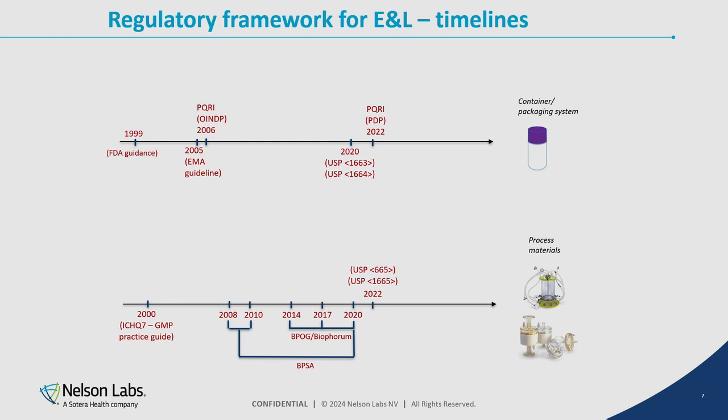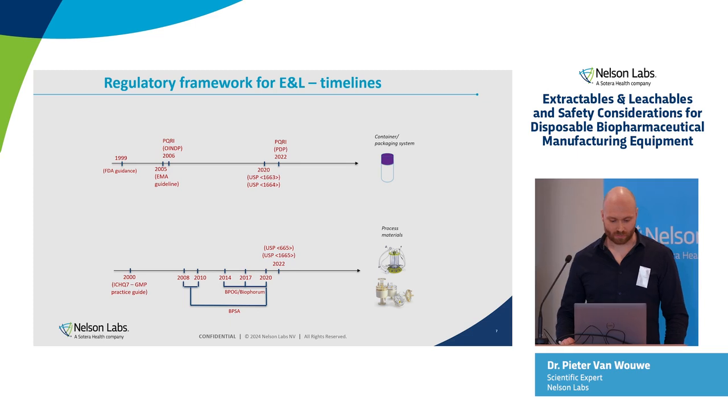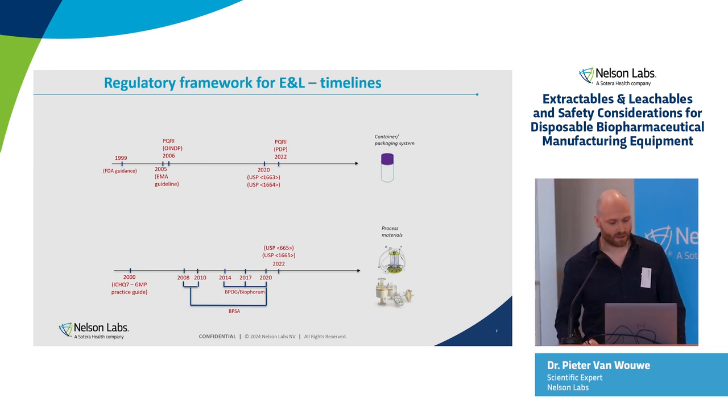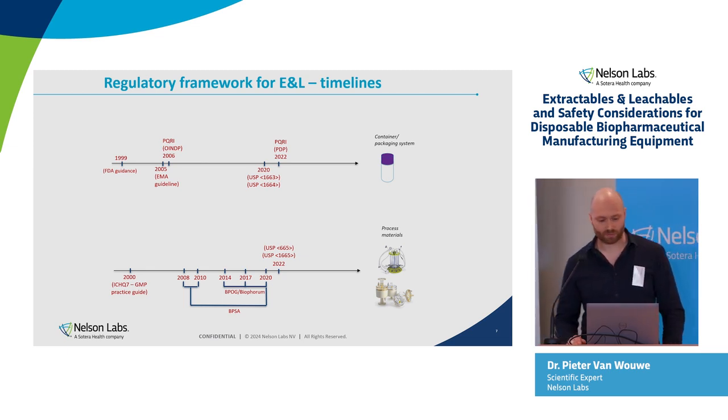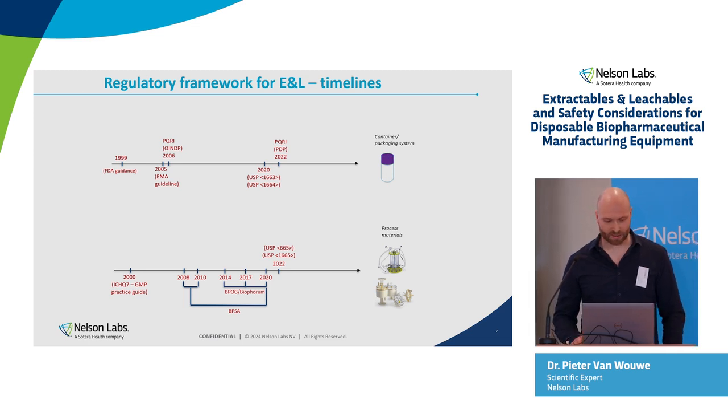Those final versions were published in 2020, while the USP 665 and 1665 chapters on process materials were finally published 2 years later. If you look at the draft dates of those documents, the first draft of 1663 and 1664 was published in 2014. For the process material USP chapters, it was 2017, I guess. So there's always a couple of years in between those publication dates.